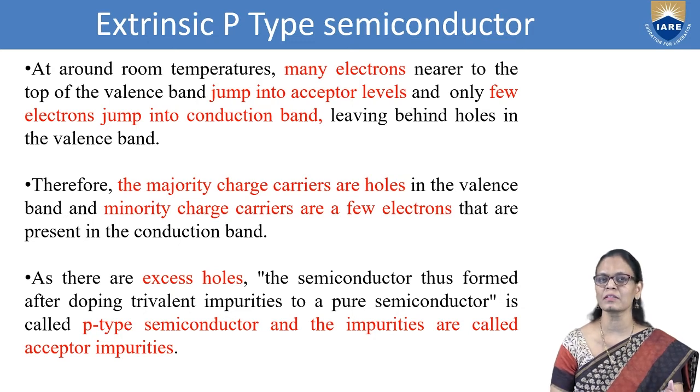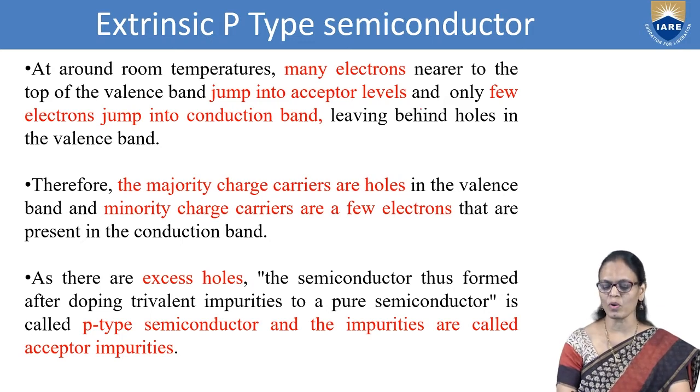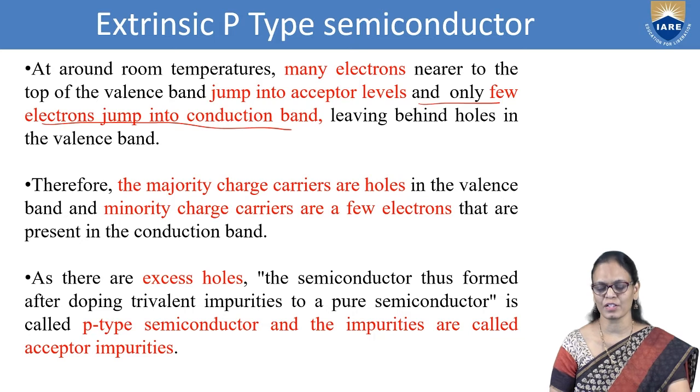Once they are free, they jump into the acceptor level, because the acceptor level lies just above the valence band. Even a slight increase in energy will free the electrons and they jump into the acceptor level. And then only a few electrons jump to the conduction band. If you keep on adding more and more energy, then more electrons go. But at lower temperature, there are very few electrons that go into the conduction band.